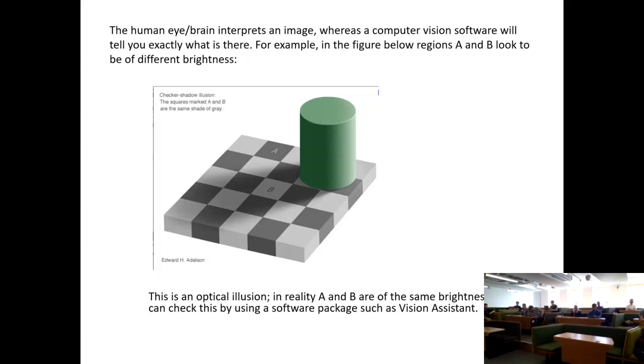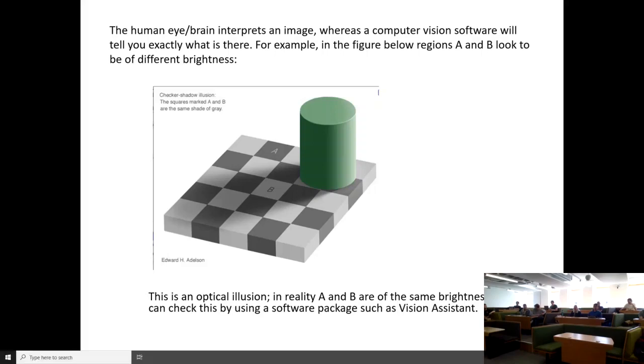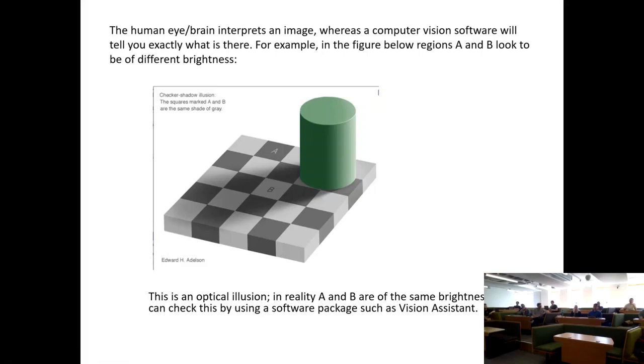So in this image below, regions A and B look obviously to be different brightness, right? But that is an optical illusion. They're the same brightness. They're exactly the same.